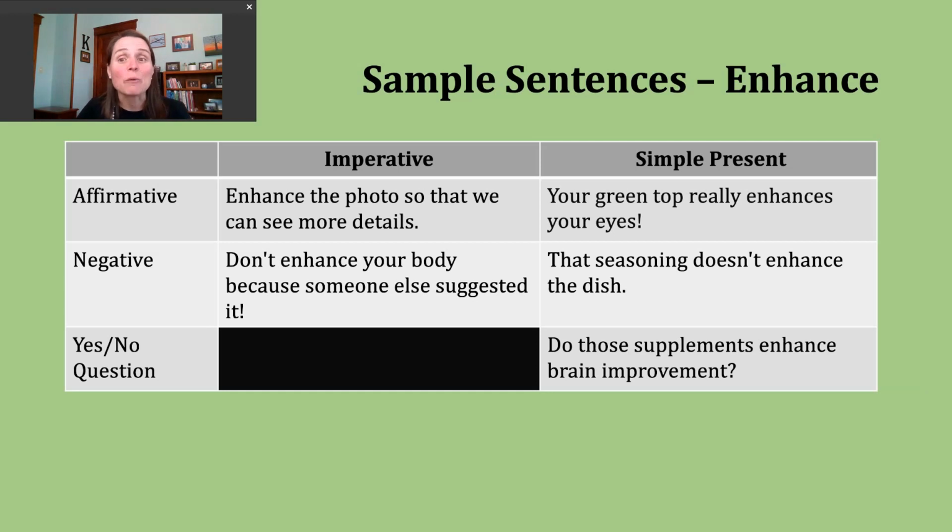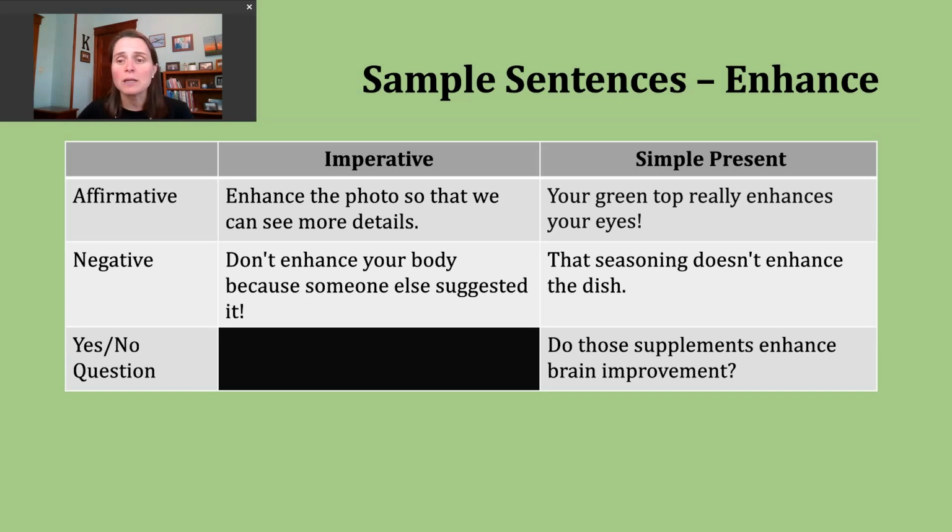Now let's look at how we make yes or no questions in the simple present. To do this, you start with do or does, whichever form matches your subject. That subject comes next, and then you use the base verb. Again, we don't add an S to the end of the verb here in our yes or no questions. The only time I'm adding an S to the end of the verb is in the affirmative when my subject is he, she, or it. Let's take a look at my last example here.